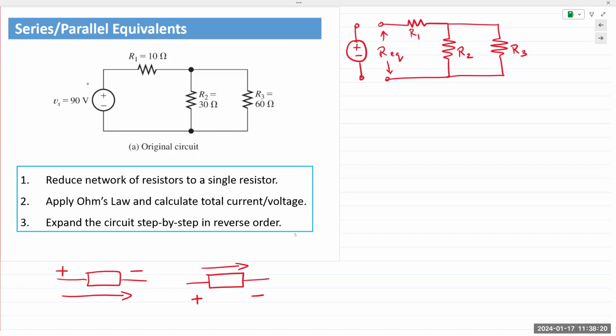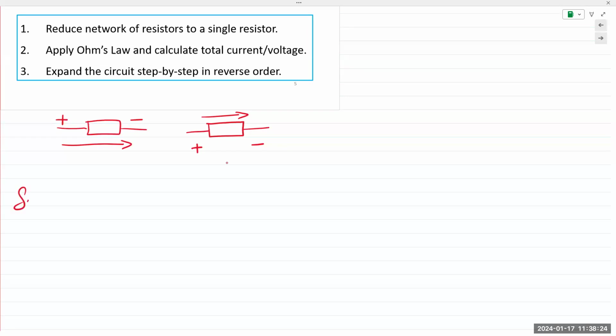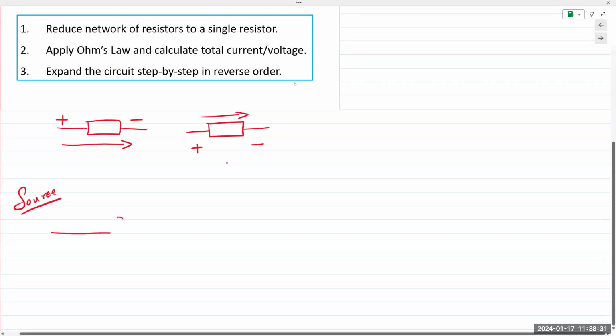If it's a current source, and I'm given the polarity like this, which direction is the current going, left or right?